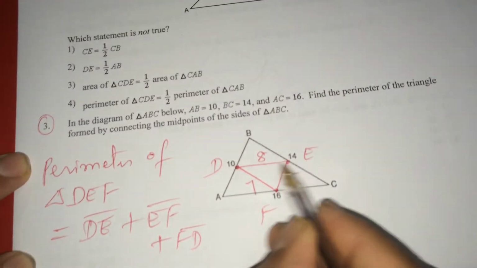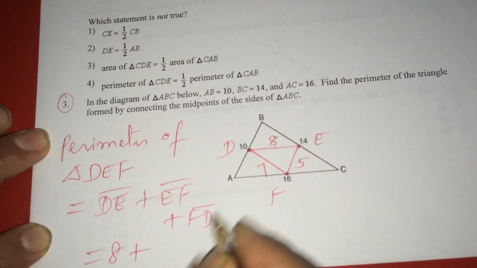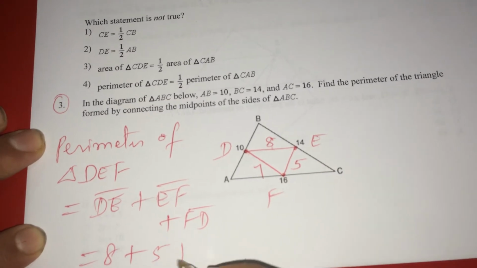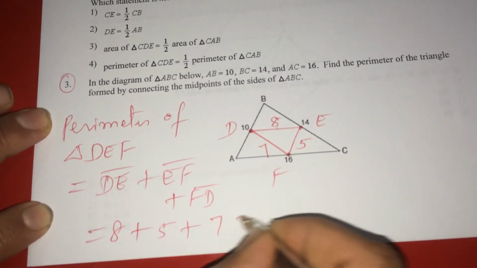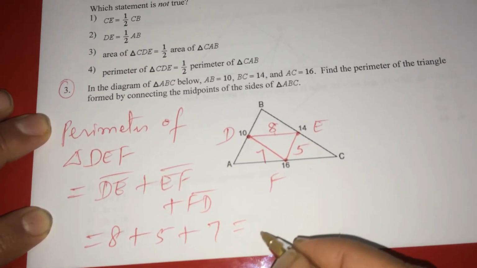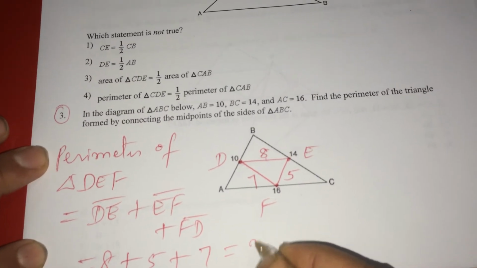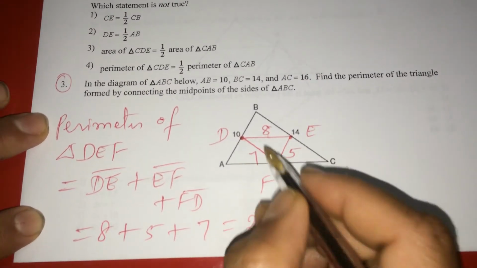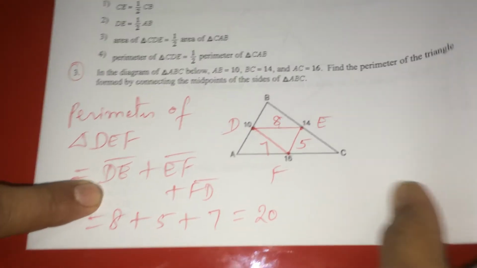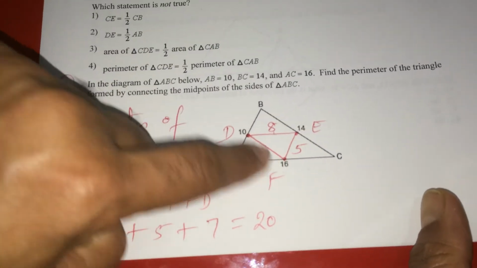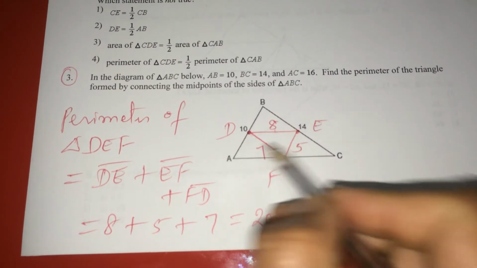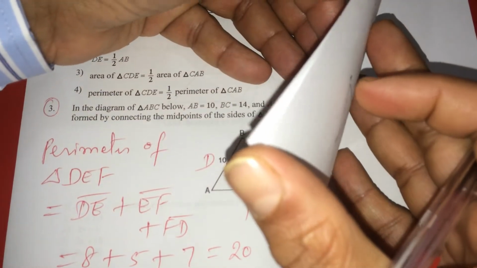I got DE as 8 and EF is 5 and FD is 7. When I add these three numbers, I get 20. 20 is the perimeter. So in this way, you have to find the perimeter of the triangle formed by the line segments joining the midpoints of the 3 sides of the given triangle. Let's see the next page.